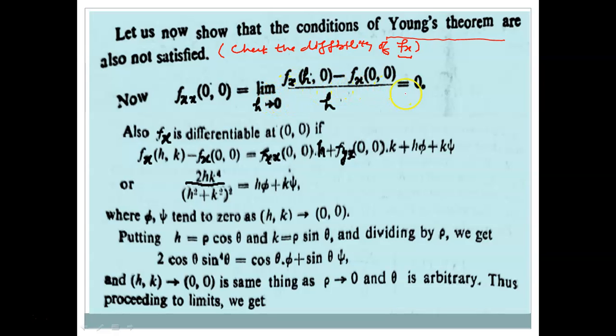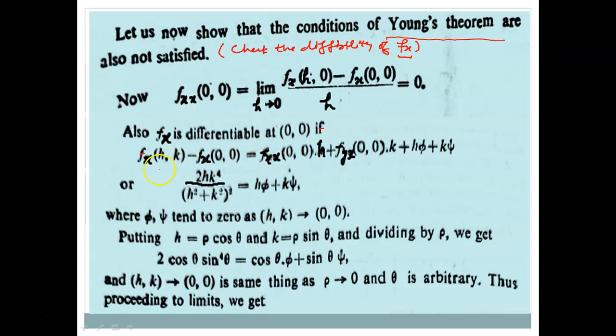So you get the value 0 here. Also, this fx is differentiable at (0, 0) if, as in the definition of differentiability, here it is f, but here you are checking the differentiability of fx, that is why we are taking fx(h, k) minus fx(0, 0).